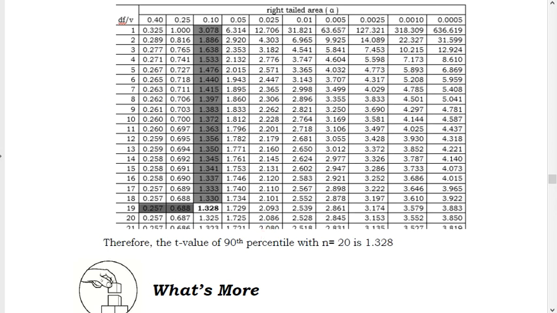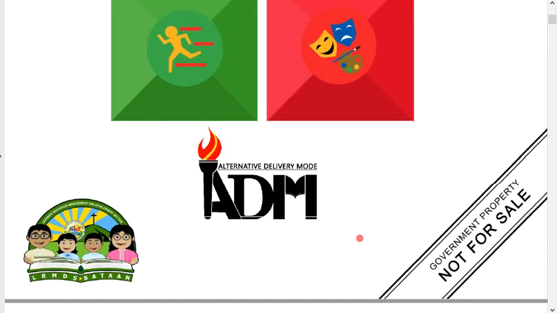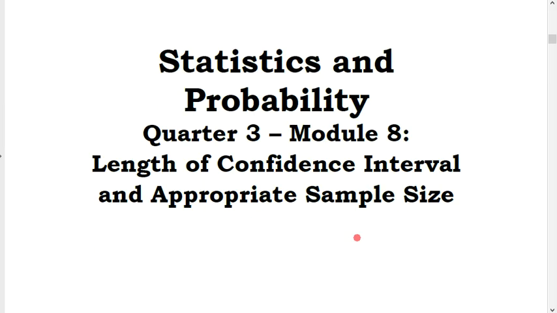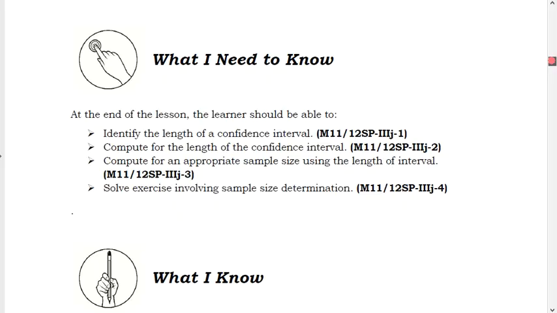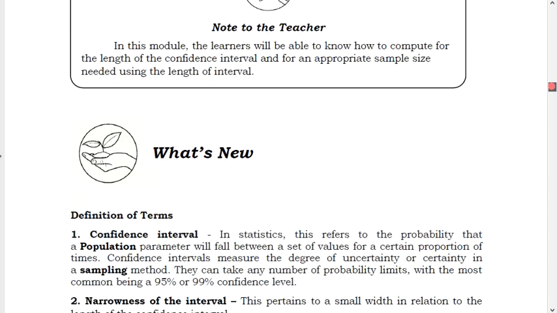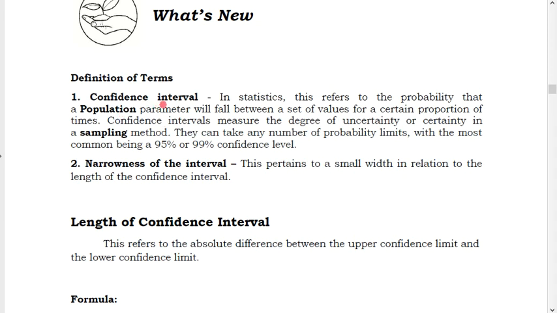We move on with the next module. We have here the length of confidence interval and the appropriate sample size. We will be discussing the length of the confidence interval. Let us first define what a confidence interval is.